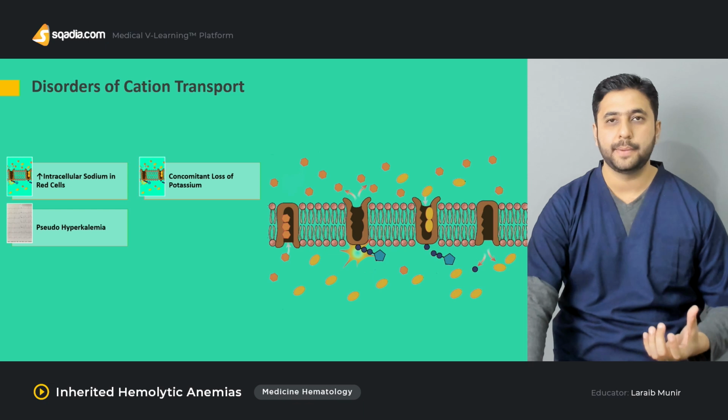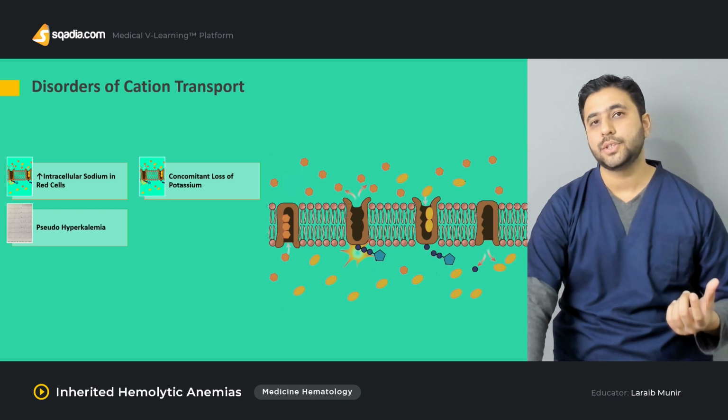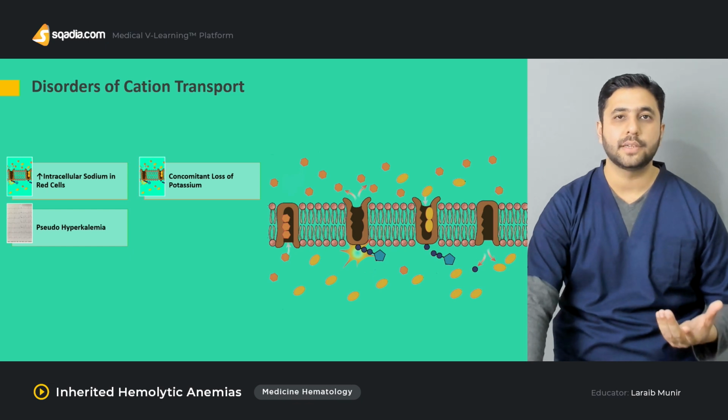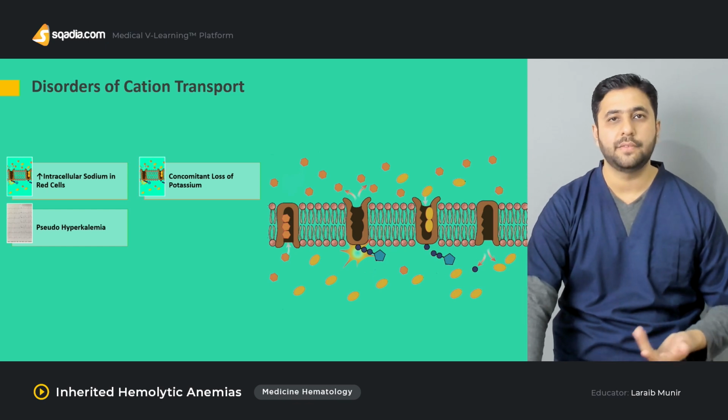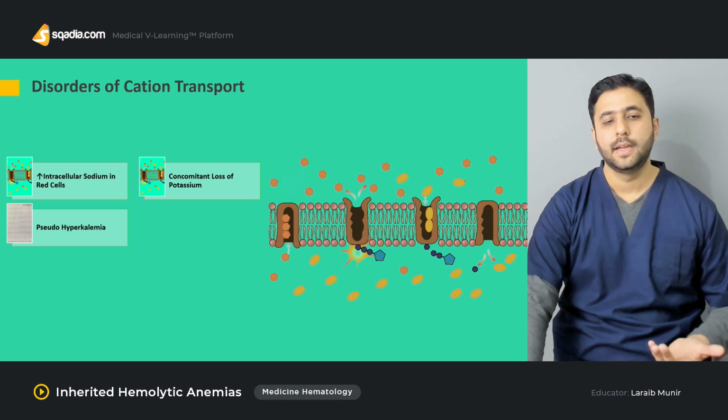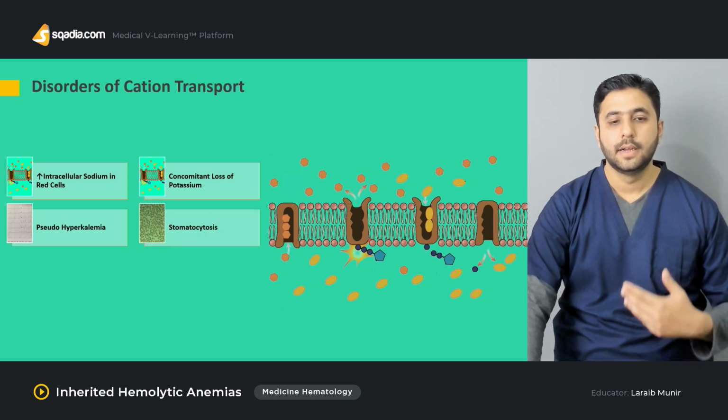We talked about pseudohyperkalemia when we were discussing the potassium abnormalities in the electrolyte section of internal medicine. That pseudohyperkalemia can be an accidental finding on a lab examination, and the patient will have absolutely no problem, and you don't have to do anything about that.